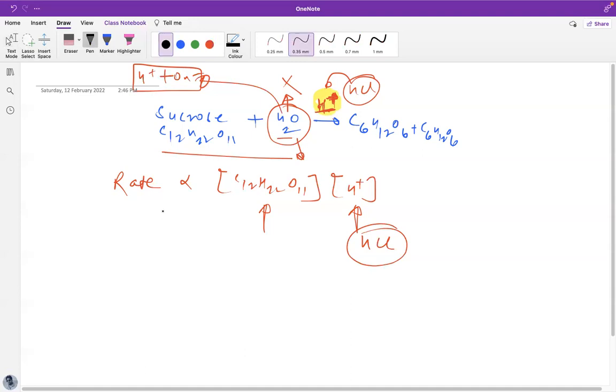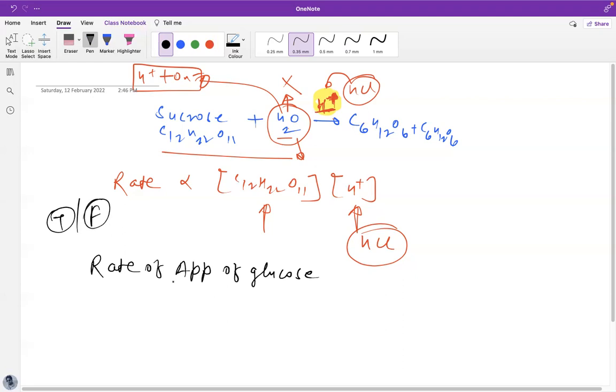Now I am creating a question with this reaction. Listen carefully. Rate of appearance of glucose: true or false? I am saying the rate of appearance of glucose is equal to the rate of disappearance of sucrose with the same sign.